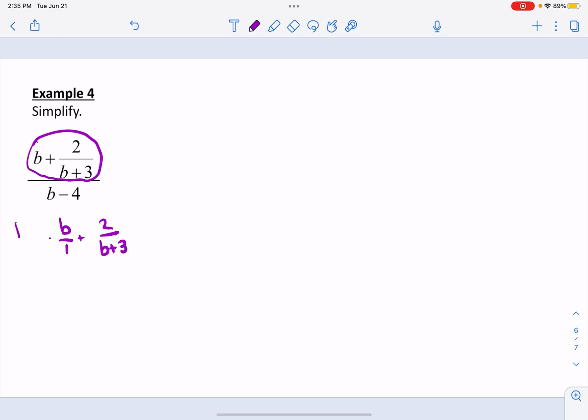If I multiply by b plus 3 over b plus 3, because this denominator had a b plus 3, this one needed it. So I have b times b plus 3 over b plus 3, because b plus 3 times 1 is b plus 3.